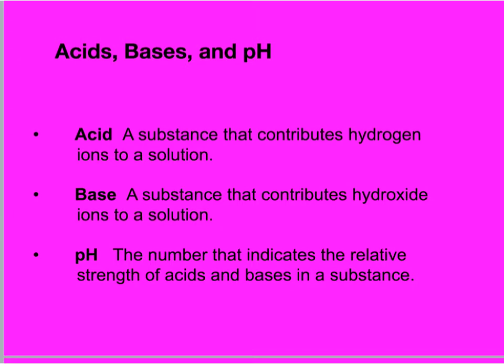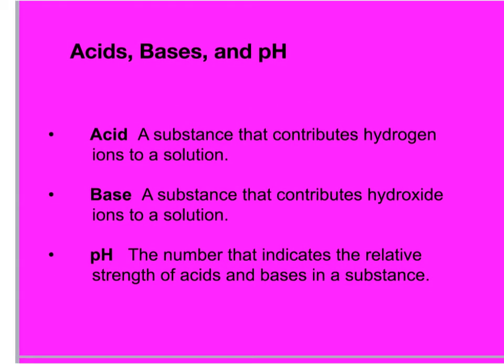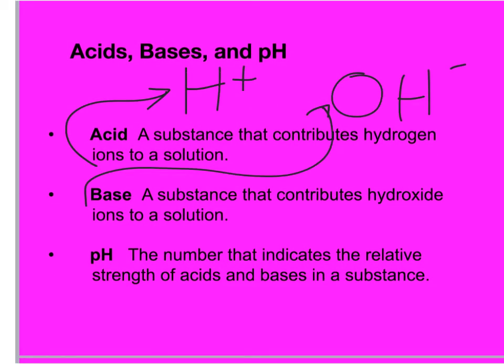Bases, on the other hand, dissociate into negatively charged hydroxide ions, OH minus ions, and these are part of components like calcium hydroxide, which can be used to neutralize acids and emissions from power plants.